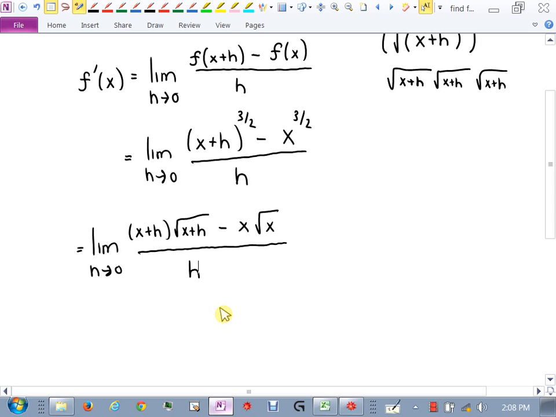Now what? You want the conjugate of this? All right, I have no problem with that. Conjugate. So it's the same exact thing.